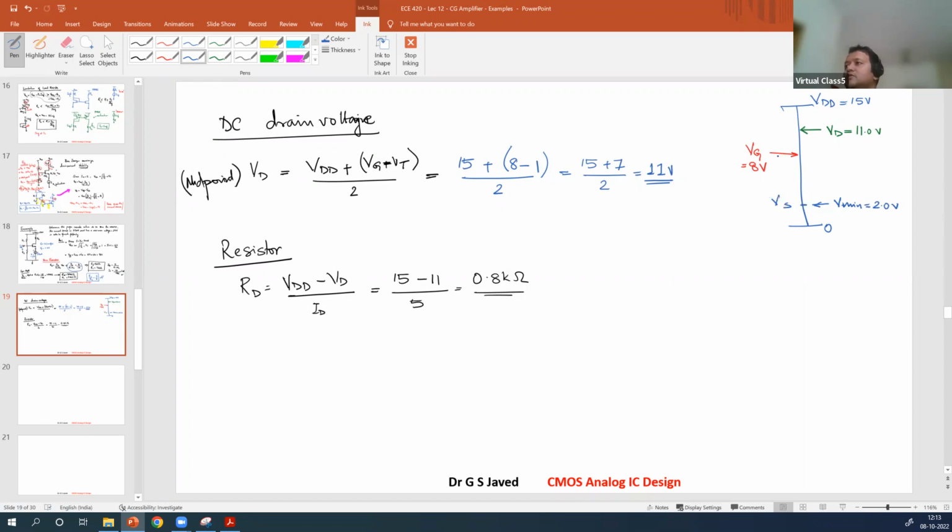Right? So how much is VGS? VGS is 6 volt. Now VD is here. So what is your swing that you will get? Assuming the maximum swing you will get, if you apply a sinusoid voltage, 11 minus 3, you have a 3 volt swing here, VG.